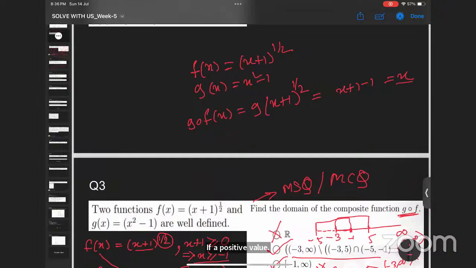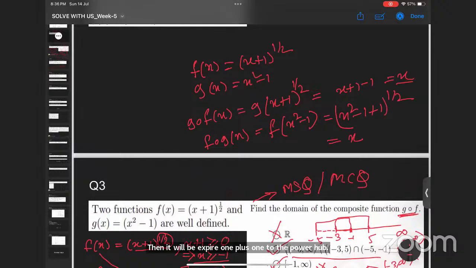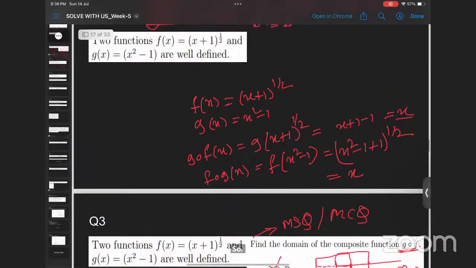And if we calculate F compose G of x, it is (x² - 1 + 1)^(1/2), so it will be again x. So here both are the same. But it is not necessarily the same every time.